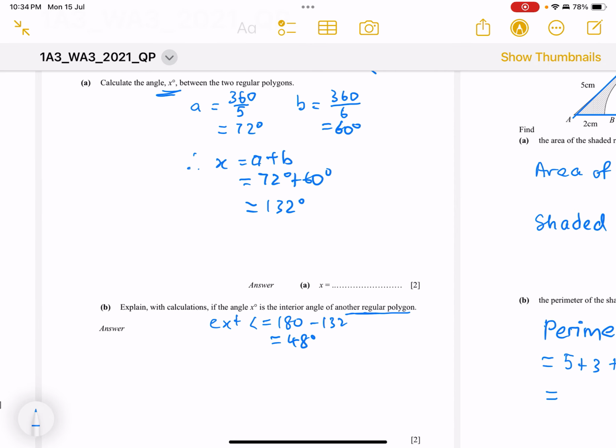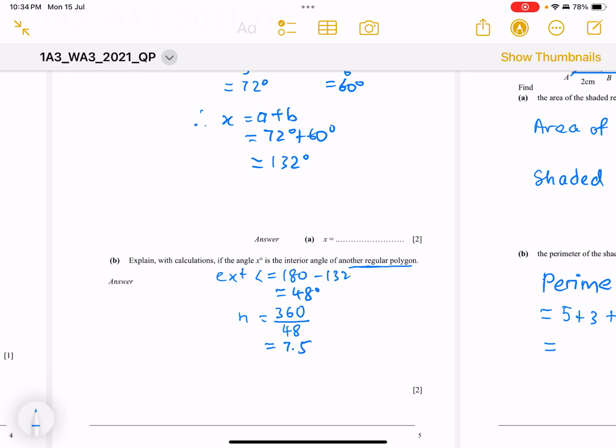So if we take the 360 divided by the exterior angle, we should get the number of sides. But when we calculate, we get 7.5. Now, n must be a positive integer because it's the number of sides.